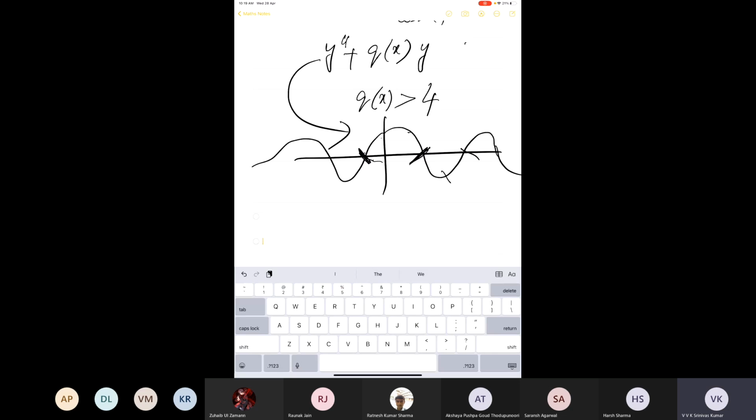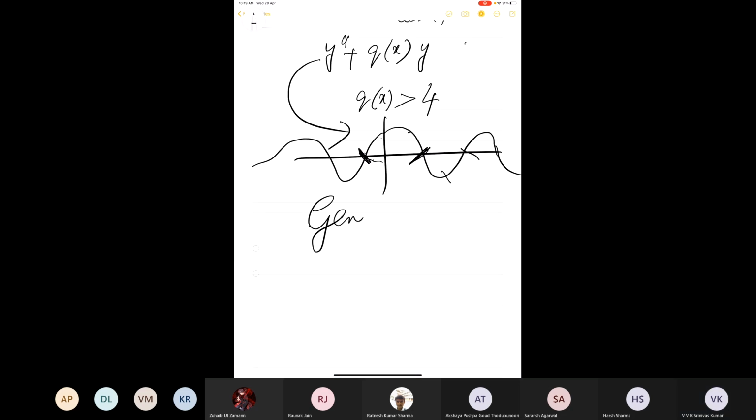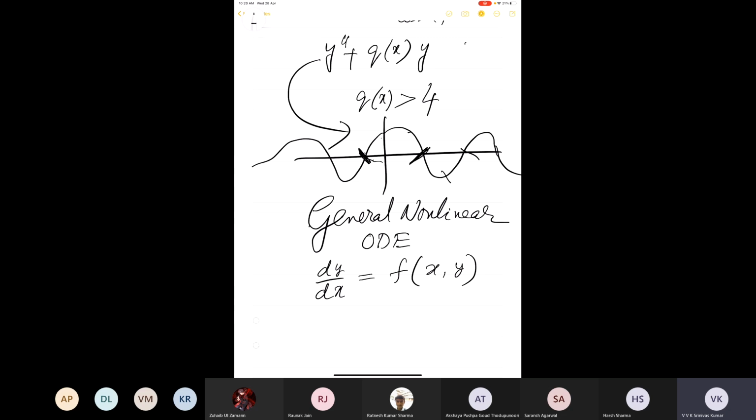Then finally comes the general nonlinear ODE. You have already studied equations like dy by dx is equal to f of x, y, a single equation.